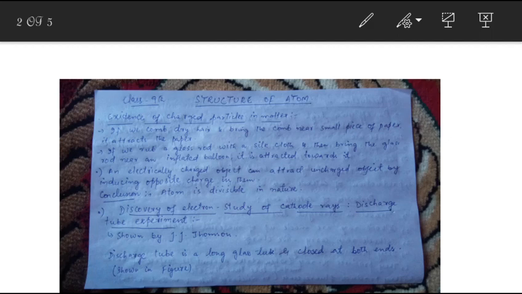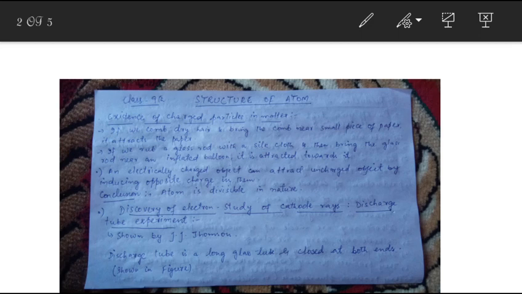He gave this theory in 1808 and elaborated it on the basis of postulates. The important one was that the atom is the smallest indivisible particle of matter. He said that an atom cannot be divided into smaller particles.